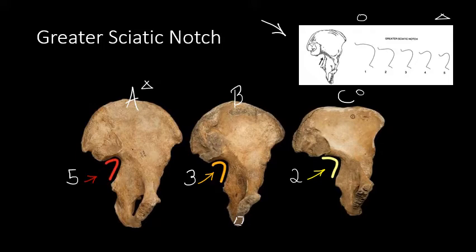It's tucked up inside. It's not visible because there is this subpubic concavity. So I know certainly, without doubt, by applying something called the Phenice method to help me with this, that C is definitely a female. When I look at B, it has features that are consistent with male.